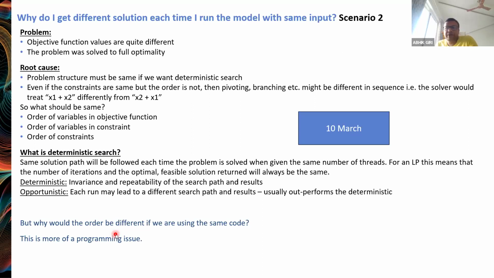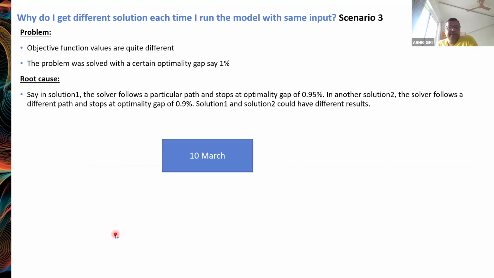So after you have created the set, you should always sort it, so that the problem you generate from the mathematical model is exactly the same in different runs. Okay, now moving to the next slide.